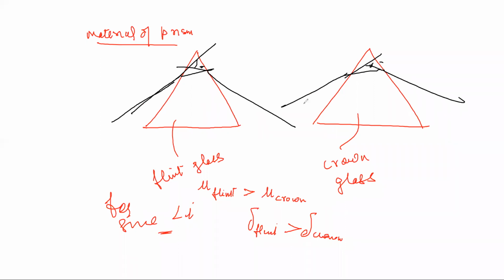It depends upon the material of the glass prism, the refracting medium, and how much refraction it is providing. The material medium provides different refractive indices for different light rays.